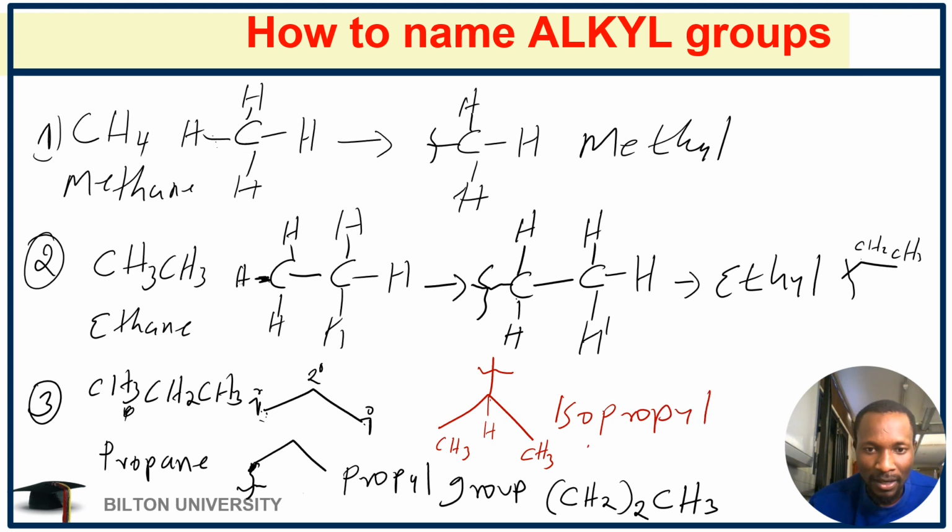Isopropyl. Still, now we can have CH3, but there are 2 of them, and CH. Okay, so this is how isopropyl looks. The difference between propyl and isopropyl is that in isopropyl, something else is bonded to the secondary carbon, while in a propyl, something else is bonded to the primary carbon of the propane.